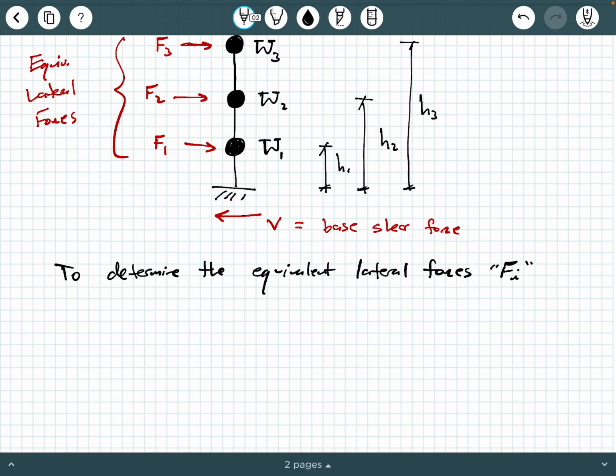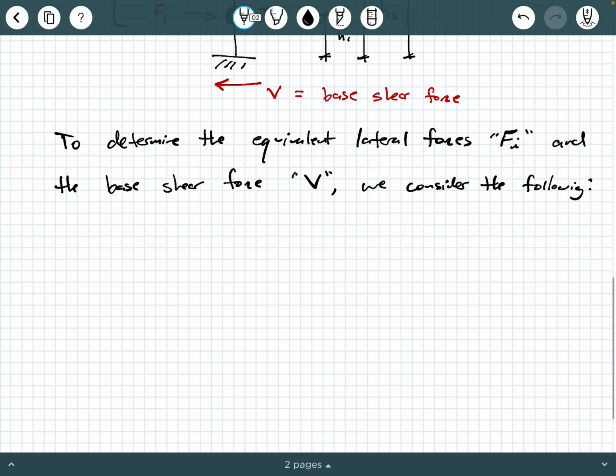It doesn't have to be 3. So I'm just going to say F sub i. So to determine the equivalent lateral forces F sub i and the base shear force V, what we do is we consider the following.